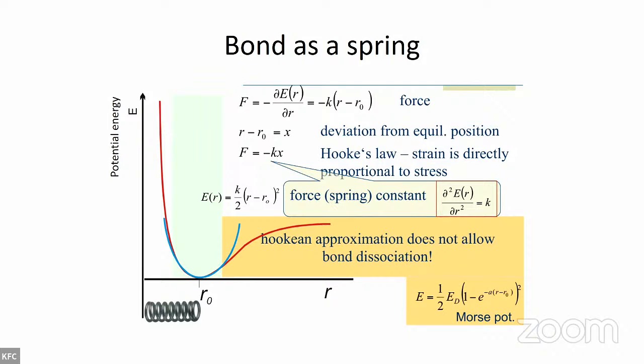So if you need something that would be making the bonds and dissociating them, you have to go into different methods like quantum mechanics, which is able to take the bond apart.